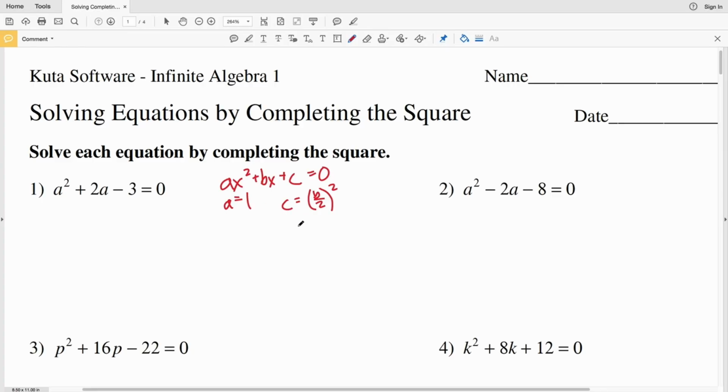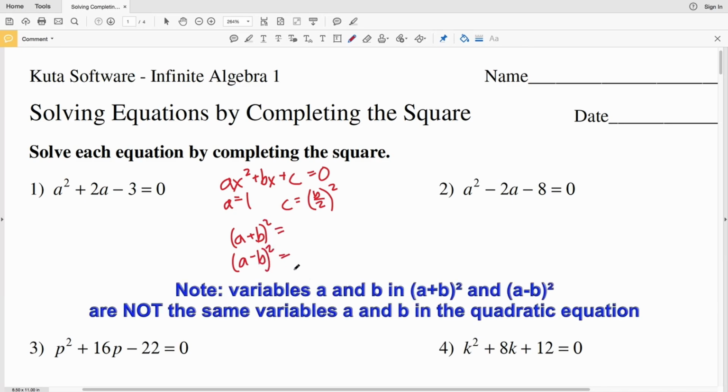Now, another important thing to note, because we're solving these quadratics and completing a square, essentially we're going to create a plus b squared or a minus b squared. So I'll write down the formulas for those real quickly. A plus b squared is equal to a squared plus 2ab plus b squared.